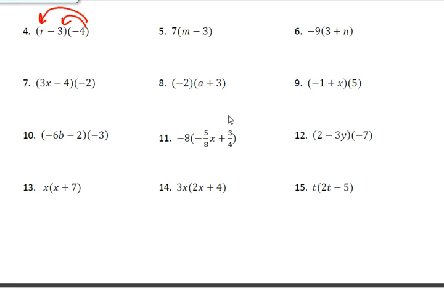Negative 4 times r is negative 4r. Negative 4 times negative 3 is positive 12. Okay, notice that I'm carrying the signs with it. So for number 5, 7 times m is 7m. 7 times negative 3 is negative 21.